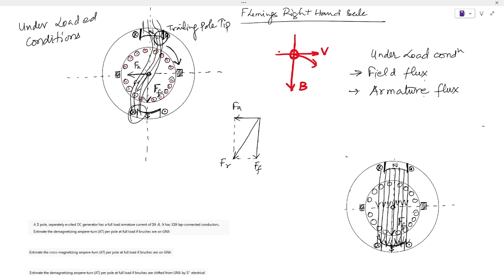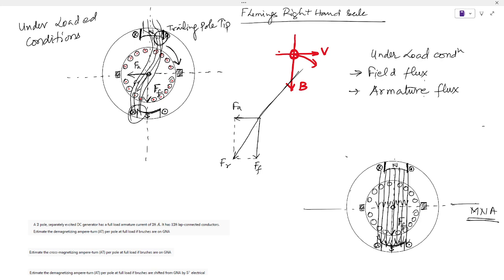Now, I told you what initially, under unloaded condition, the MNA, the magnetic neutral axis, was this. Now the resultant field is this. I told you MNA will be perpendicular to the resultant field.